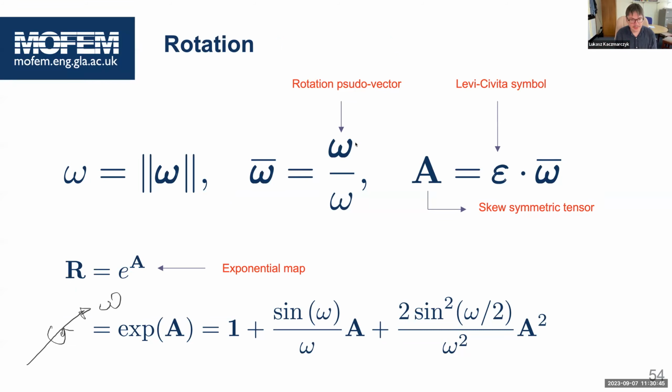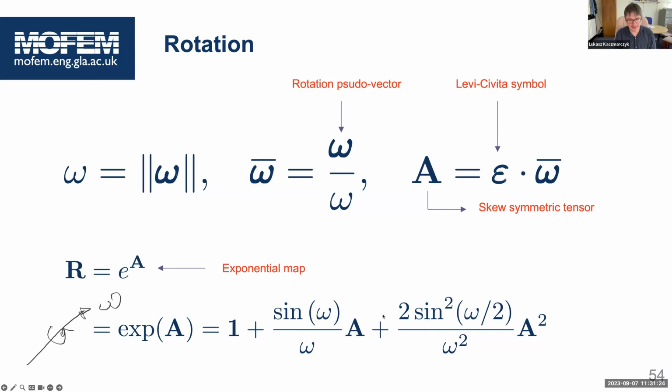Okay, so when I normalize it, this is a unit vector. When I multiply the unit vector by the Levi-Civita tensor, I get the skew symmetric tensor, which is A. Then when I apply the exponential map to the skew symmetric tensor, I get at the end the thing which is called the Rodrigues formula, that I can represent the orthonormal rotation tensor by omega.